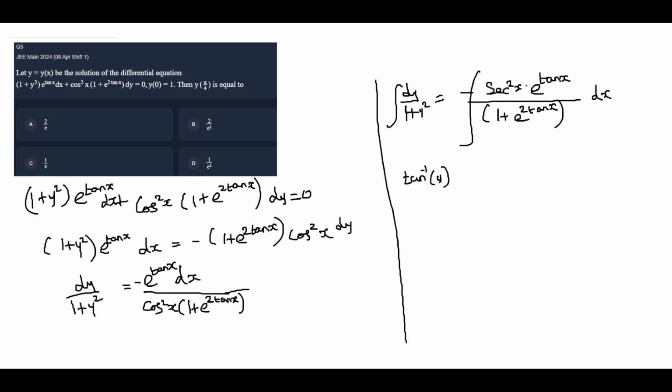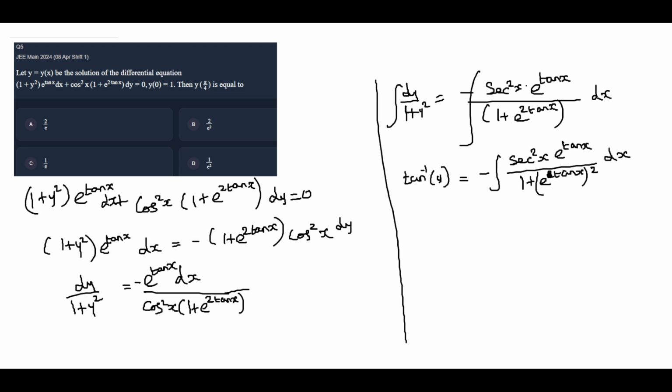Okay. Now which is equal to minus integral secant square x e power tan x by 1 plus e power 2 tan x, or e power tan x whole square, into dx. Now if you know the formula, 1 by 1 plus y square dy is tan inverse of y.